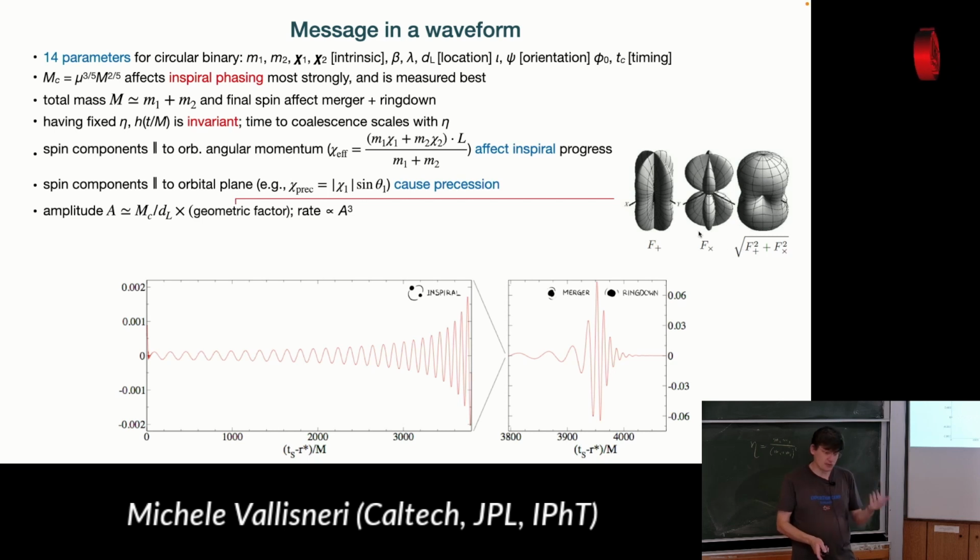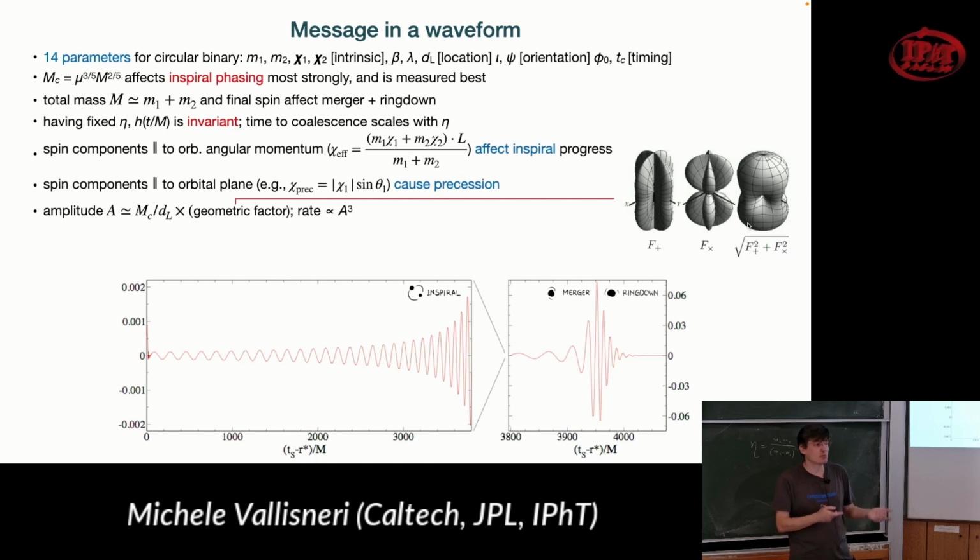The cross is the other one, the cross polarization, and put together you find a basically omnidirectional sensitivity pattern with a few nulls for a single detector, but this omnidirectionality is what makes the geometric sensitivity to position kind of weak for LIGO and Virgo as it will be for LISA.